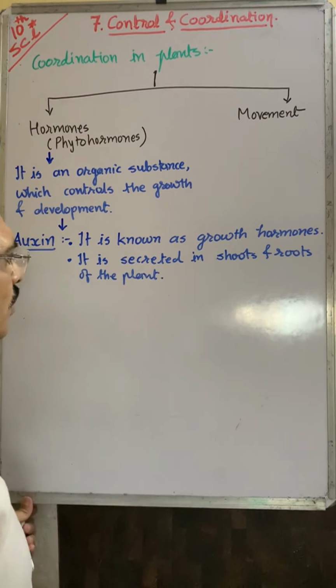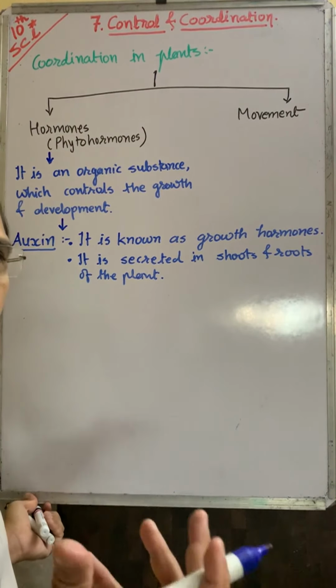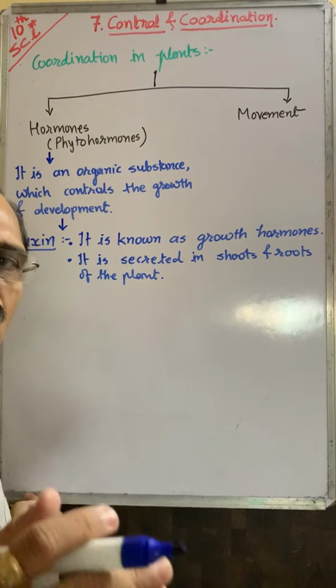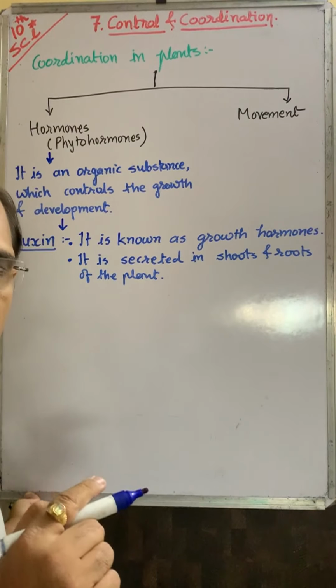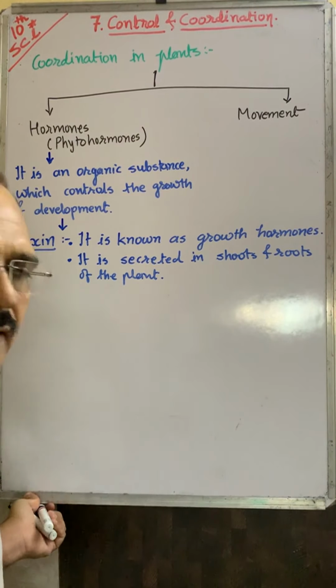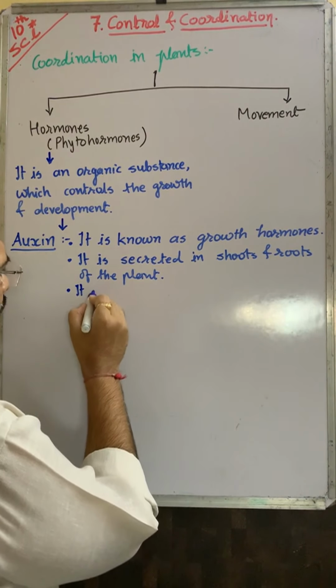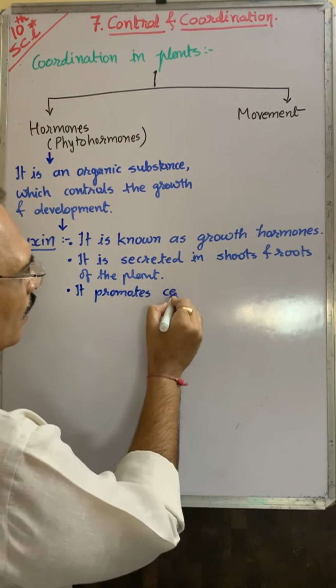Okay, once you say that it is known as growth hormone, that means growth is possible because of the auxin. You know that growth is possible only when there is a cell division, so you must write that it controls cell division, or it promotes cell division.